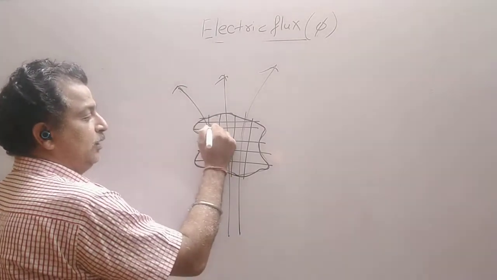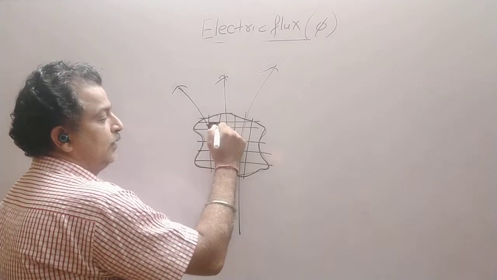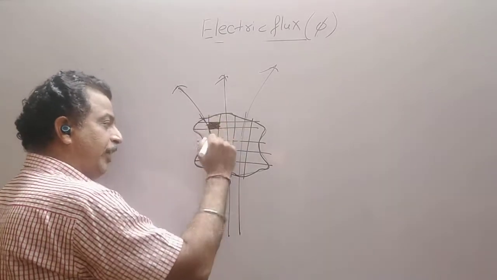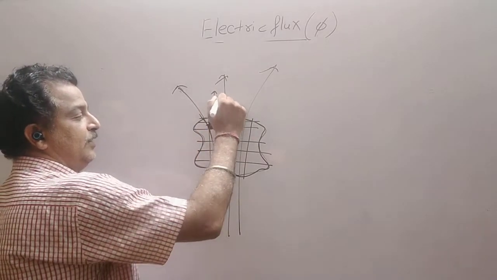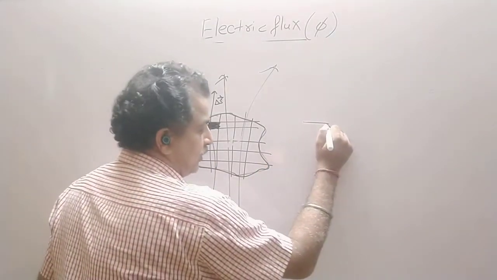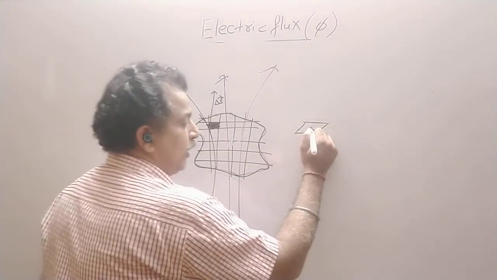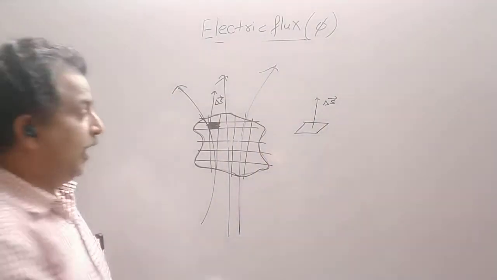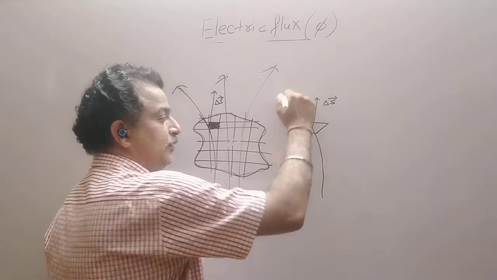If I take this as an area element, this is the normal, say delta S. If I draw a small element like this, we know the area vector should be normal to the surface, and the field through this is drawn like this.